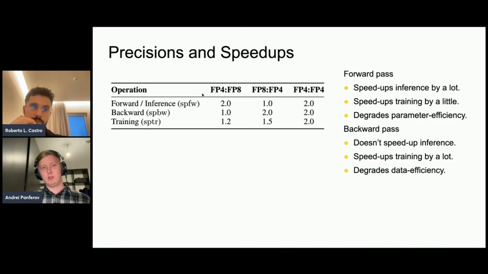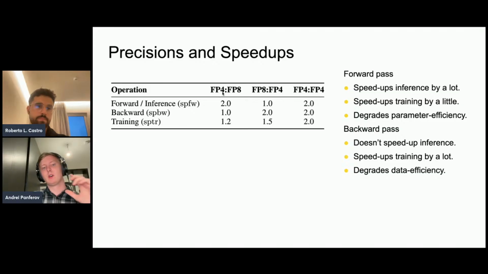Here we can see a simple table that shows what the forward, backward, and training speedups would be under an ideal model. If going from FP4 to FP8 was a 2x speedup, for a certain forward pass and backward pass precision, what would be the speedup of this mixed scheme compared to FP8?